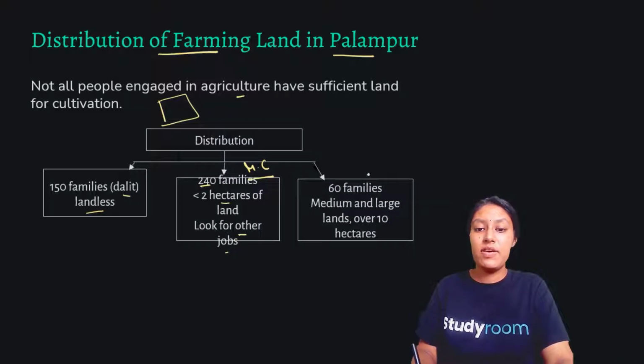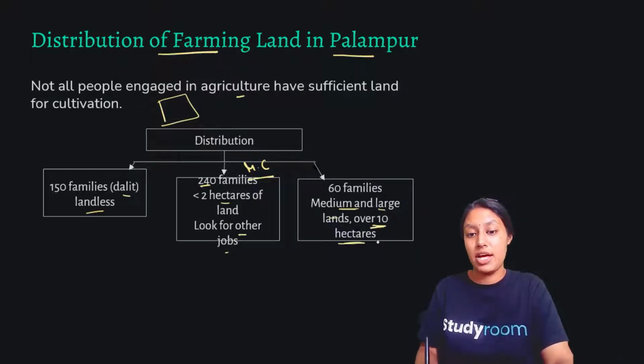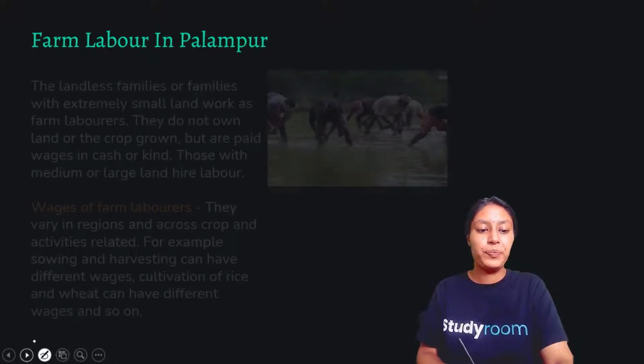Now, there are 60 families of medium and large land which have over 10 hectares of land. So there are a total of 60 families of medium and large lands. So that's how land is being distributed in Palampur.